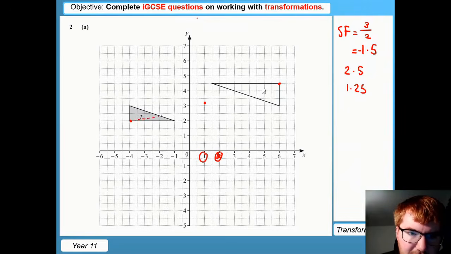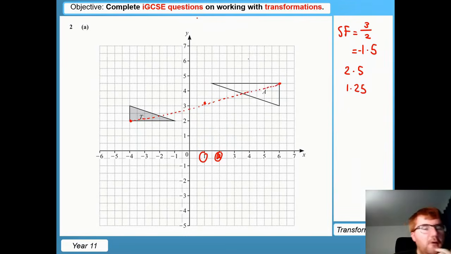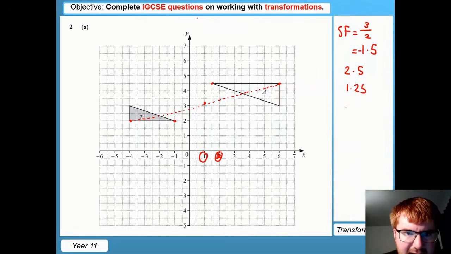So let's now draw in this particular line. Try and make this as straight as possible because otherwise it's going to be hard to identify the center of enlargement. Here we have something slightly easier to work with. If we take those 2 points between minus 1 and 1.5, again we get a gap of 2.5, so again we want that 1.25 in between.